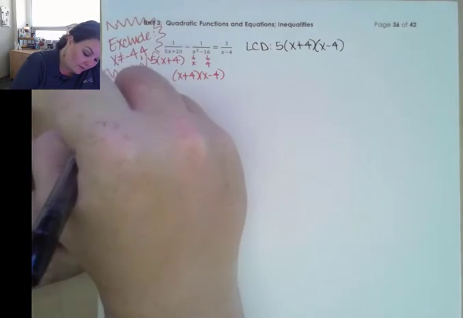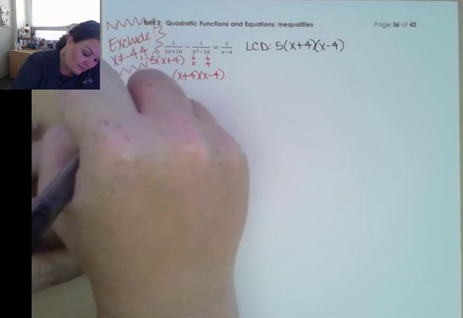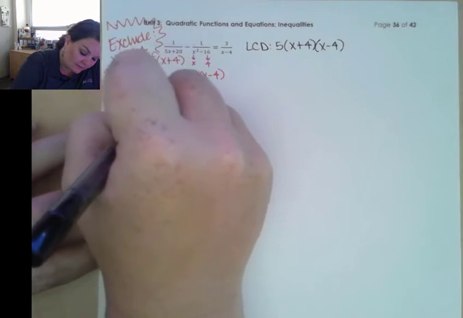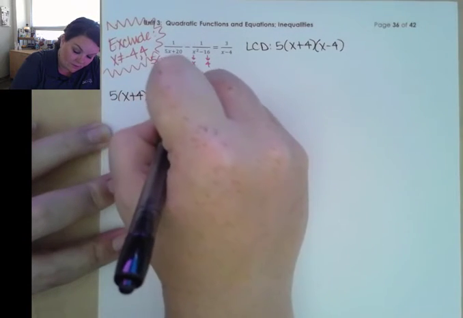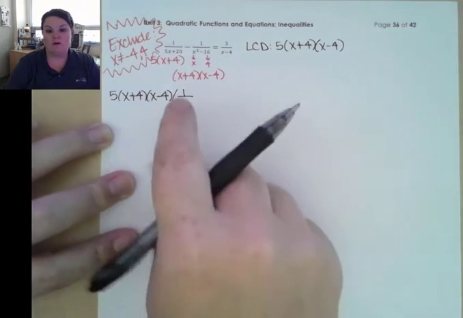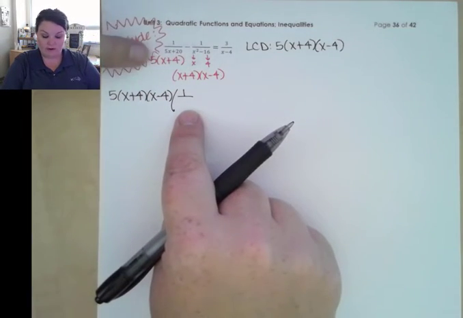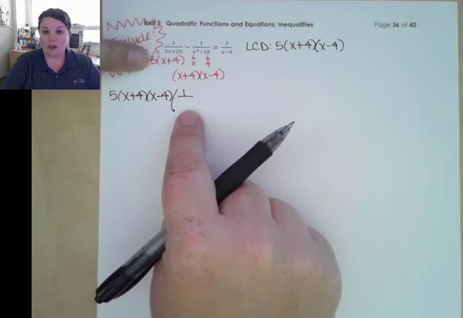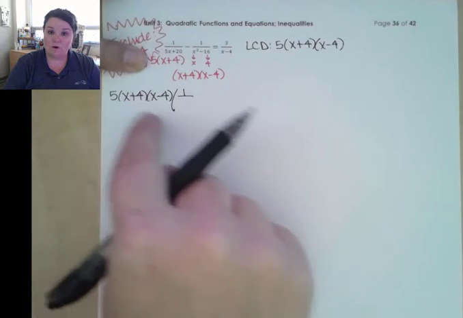Okay, so I'm going to go ahead and say 5 times x plus 4 times x minus 4 times my first term, which is 1 over, and when I write my first term, I want to write the denominator in its factored form so that I can easily see what will cancel.